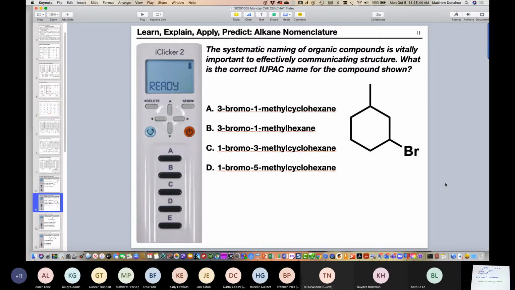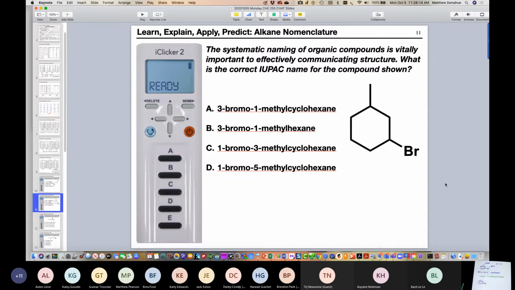Hannah asks, could you go around the other way with the numbering? Which reminds me, I forgot to do that on the other slide, so I'll go back to that one and do it as well. Let me redraw it, and we'll go the other way. There's the compound again. I circled the cyclohexane.